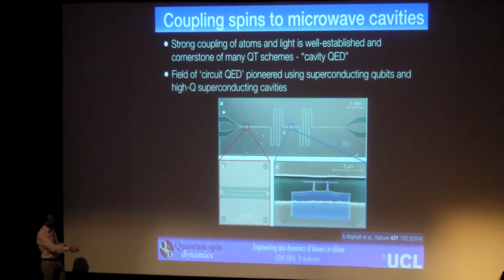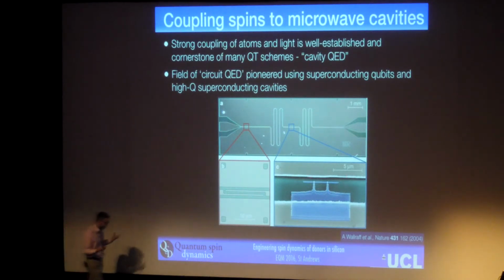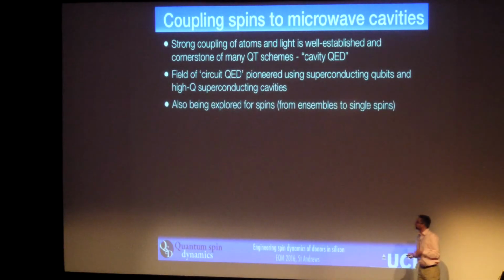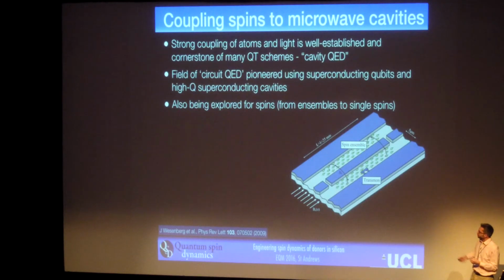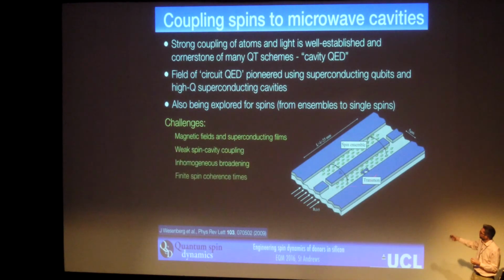And as I mentioned, for many years these kinds of ideas have been applied in the microwave domain in the solid state using superconducting cavities and the two-level system provided by a superconducting qubit as an artificial atom. Now, we can also ask the question, can this be applied to spins? In other words, ensembles or single spins coupled to these superconducting cavities.